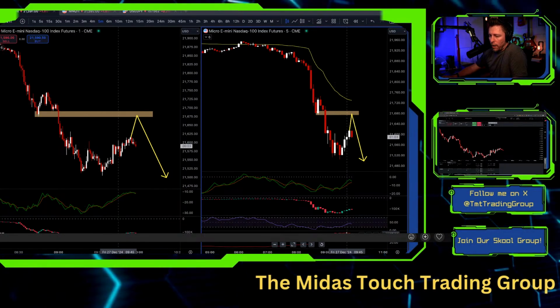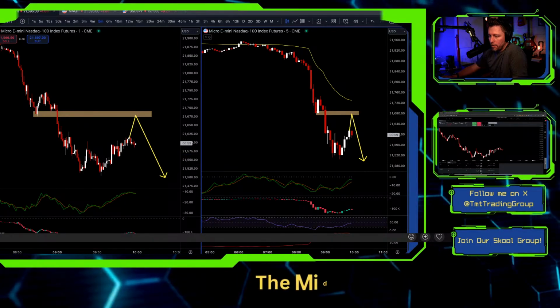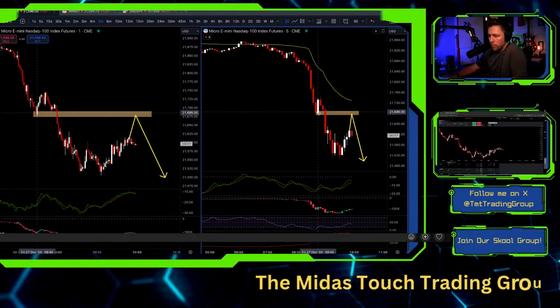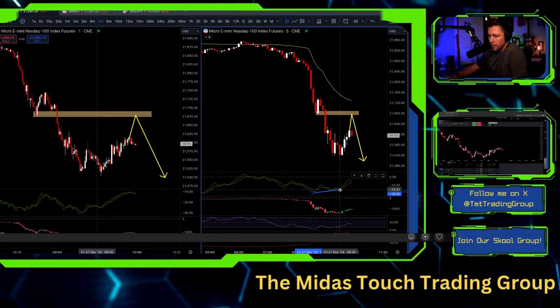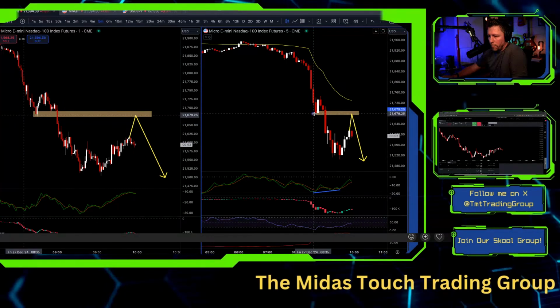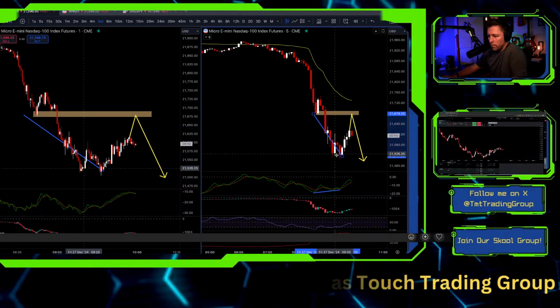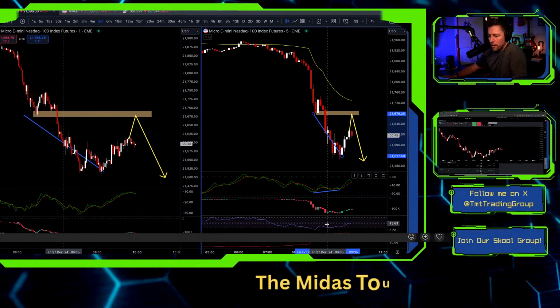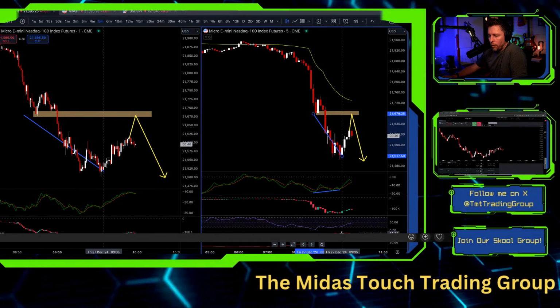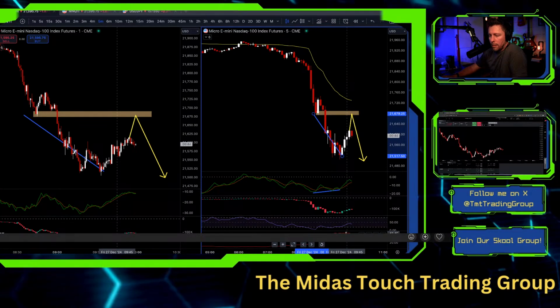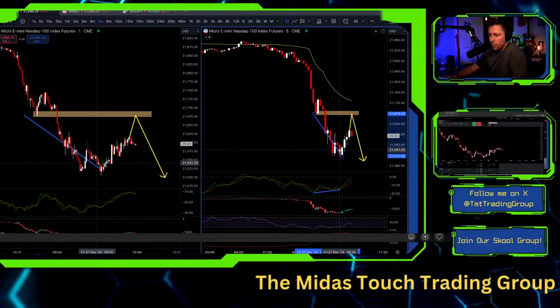When this starts to round out and you see volume creating a bullish divergence, and I know you see this, right? So bullish divergence here from peak to peak, right? So that's a bullish divergence. And you see volume rounding out. That means, hey, we're coming down.